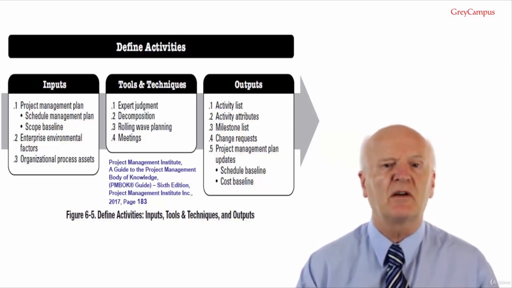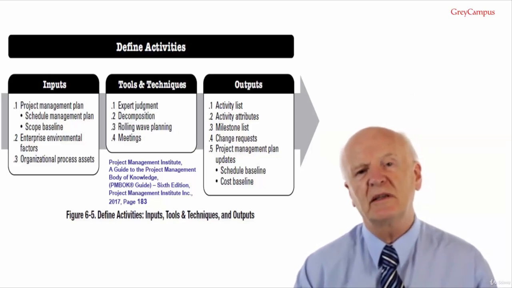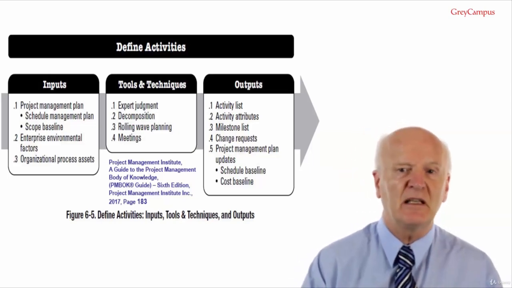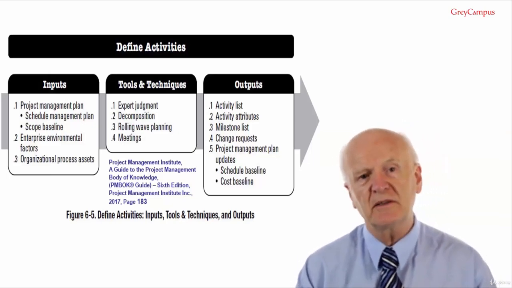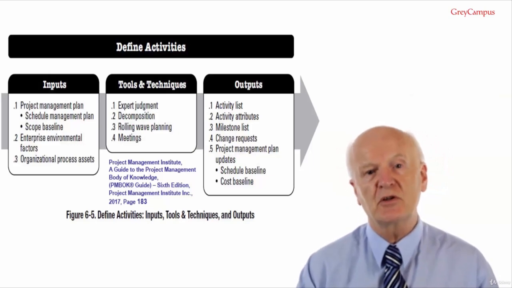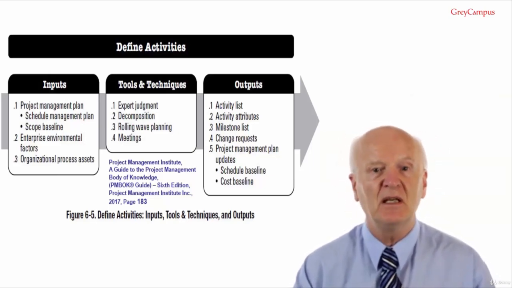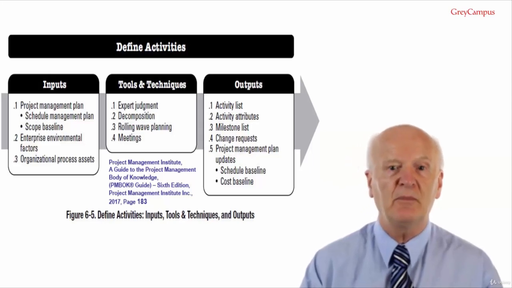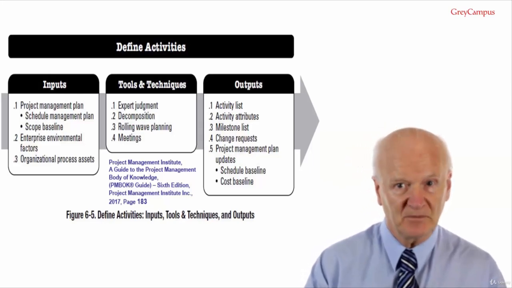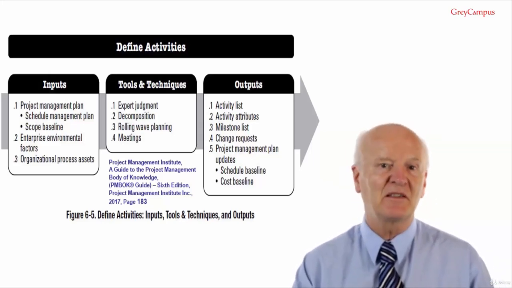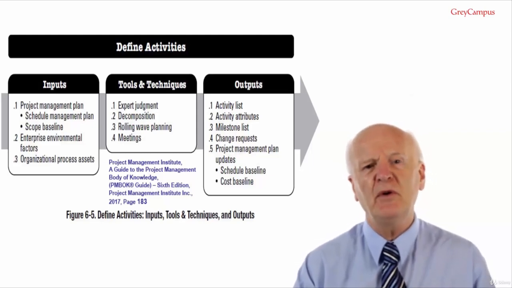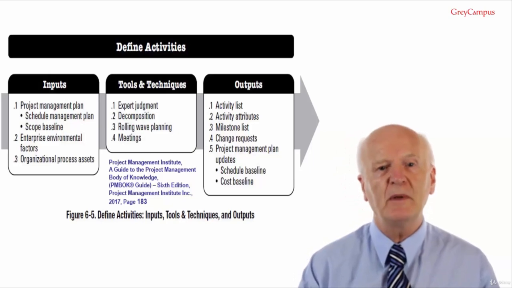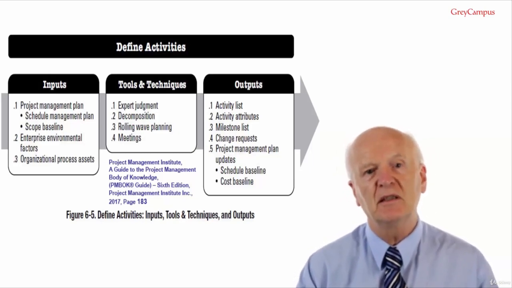I mentioned rolling wave earlier. If you think back to work breakdown structure, we began by breaking the project into the main deliverables, which are called control accounts. We then decomposed the control accounts into planning packages. The planning packages may be decomposed into lower level planning packages until we arrive at work packages. But with rolling wave, we don't decompose all planning packages to work packages before we begin to proceed with the project.